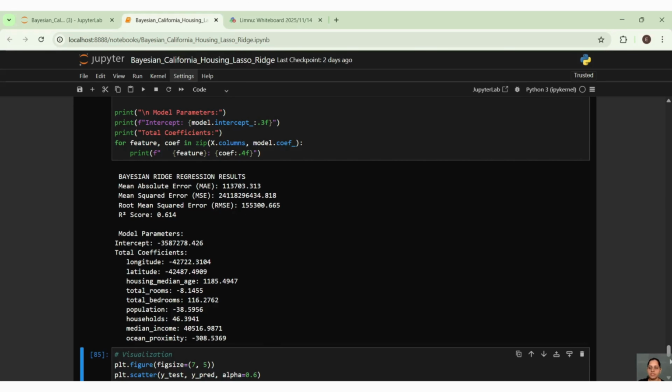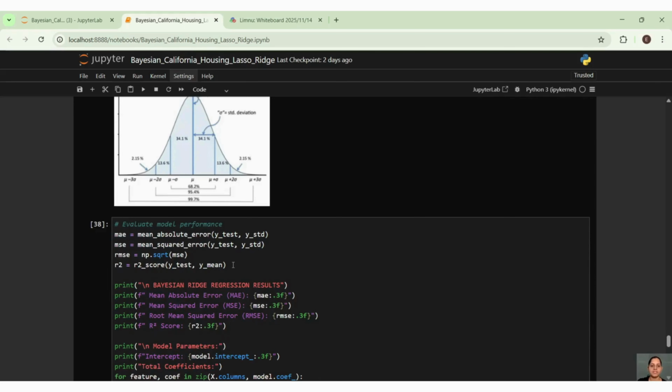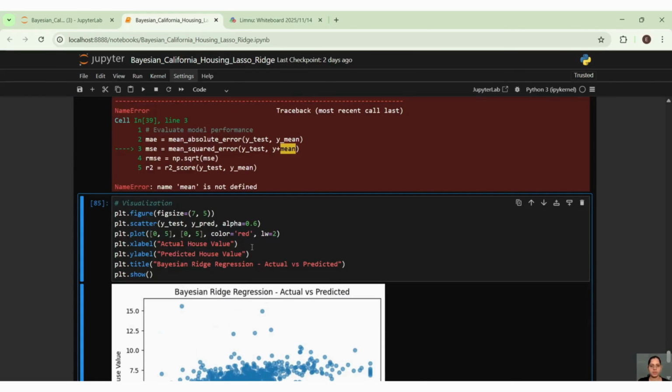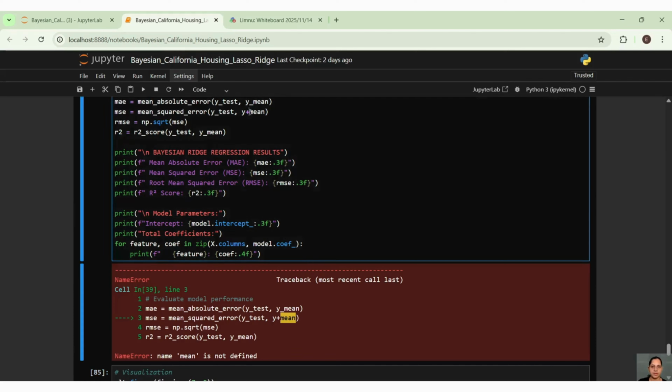So it is always better practice to take your mean here, not the standard deviation. The standard deviation is your variance. Y underscore mean. Y underscore mean. Okay.